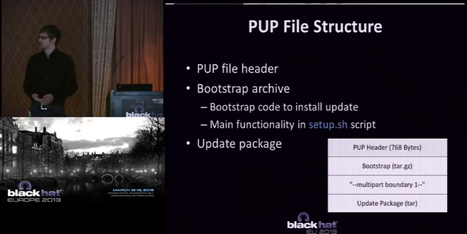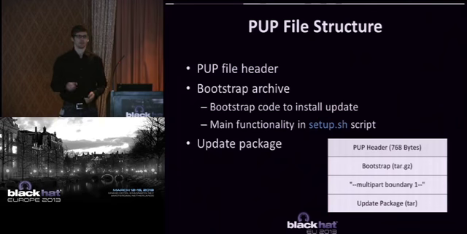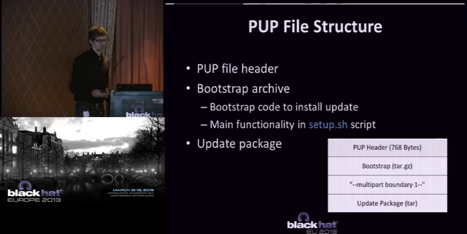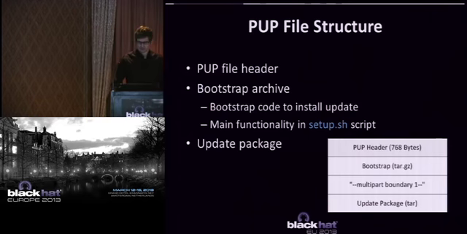And the more interesting part is the update package at the end, which is the archive which contains all the files which are updated. So if you don't have system-level access to the device, this is the archive where you can find all the files which, in theory, are also running on the device.